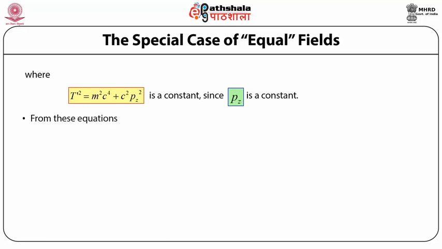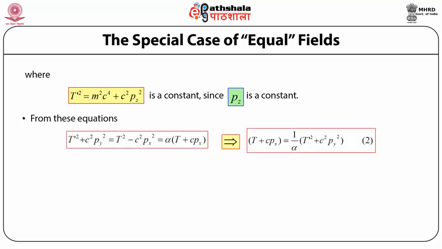So from these equations, T dash squared plus c squared py squared equals T squared minus c squared px squared, which equals alpha times T plus cpx. Thus T plus cpx equals 1 divided by alpha times T dash squared plus c squared py squared.